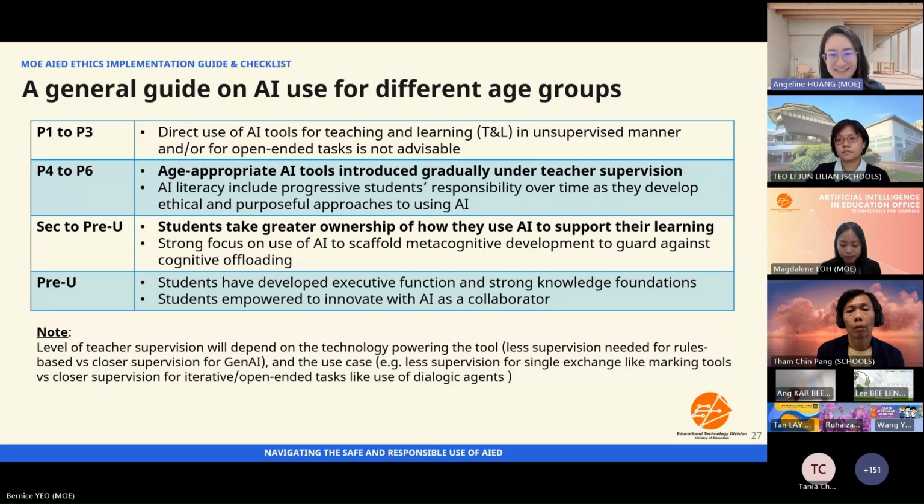In the case of ChatGPT, the terms of use is very clear. It's 13 and above and with parental consent, which means technically primary school students cannot use ChatGPT directly. But it also means that the teachers can be the ones role modeling the use of ChatGPT for students, because we do want to help students understand what is a good prompt, for example, and how to make use of the output to refine my answers.